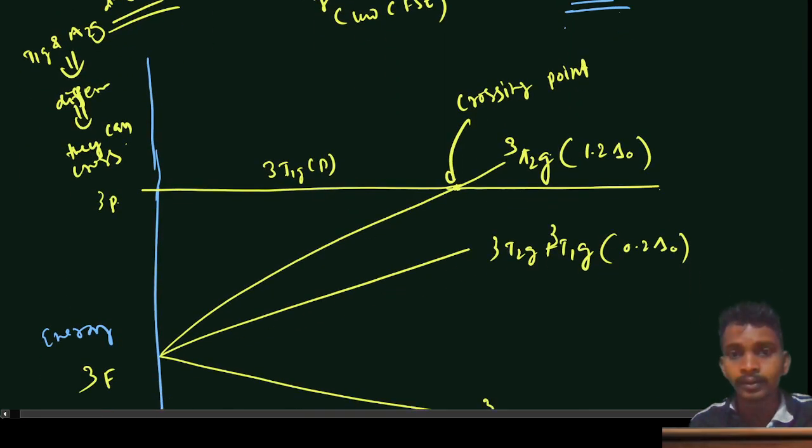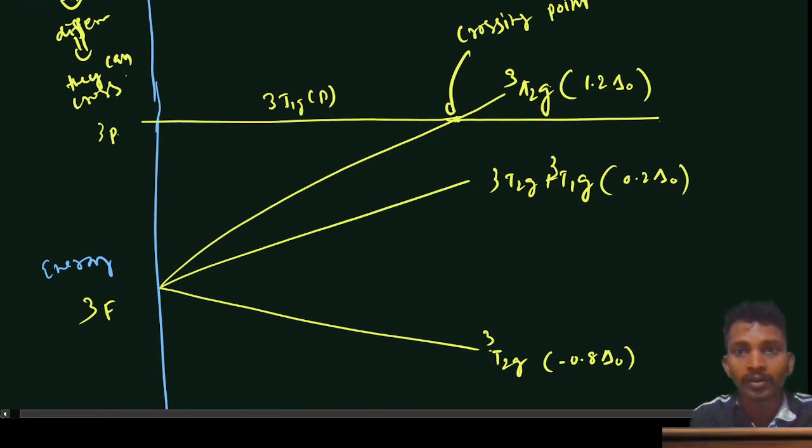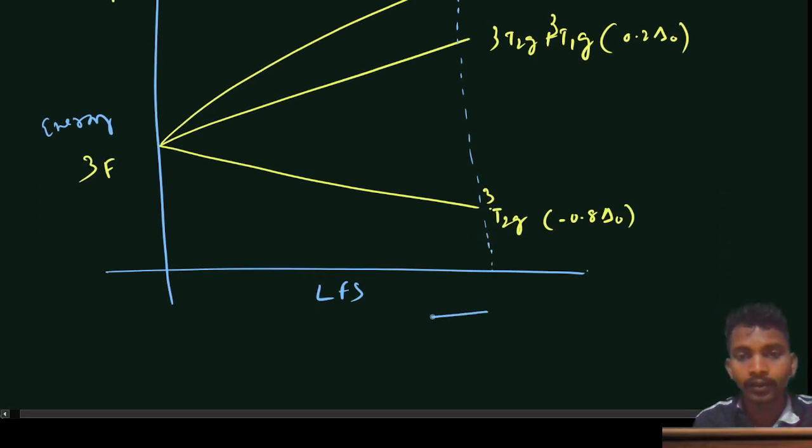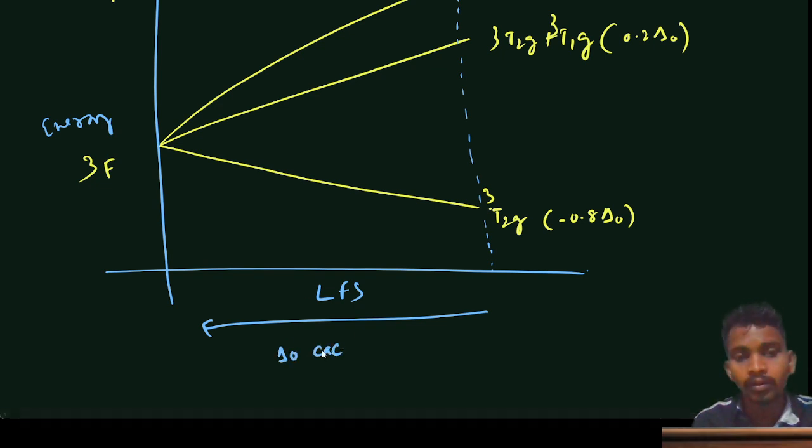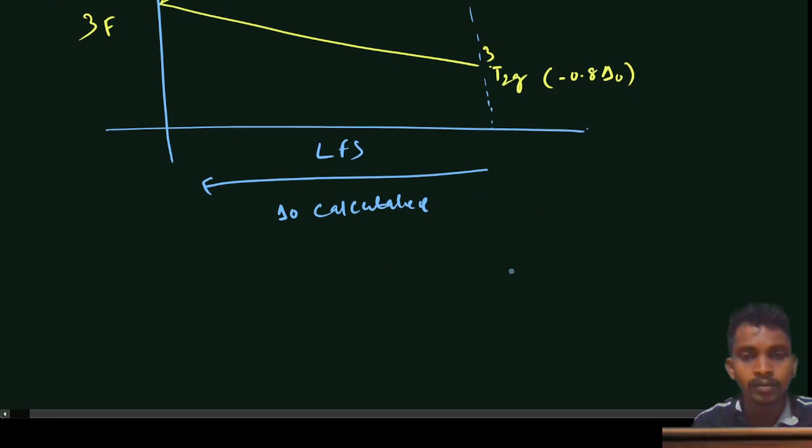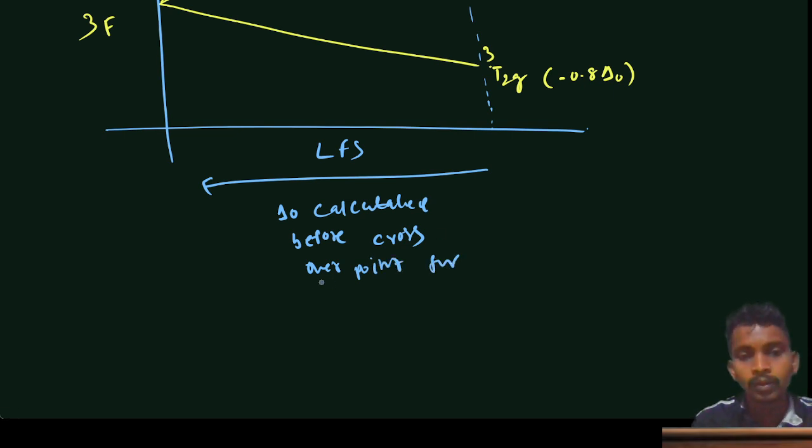in this diagram, before the crossover point, this is the crossover point. So before the crossover point, this delta naught is calculated for weak field ligands.